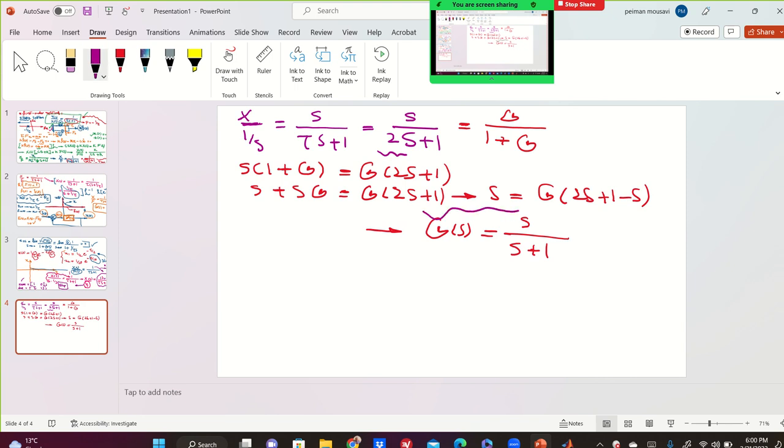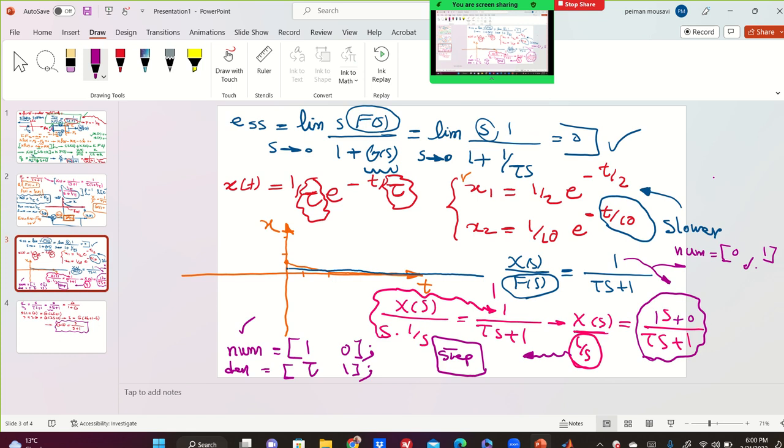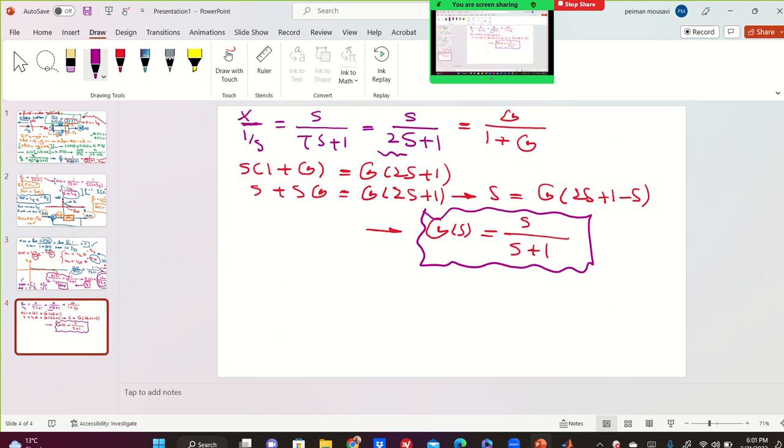Bingo. This is what you have to put in Simulink. Not this, this is closed loop. Closed loop in the coding, open loop in Simulink.